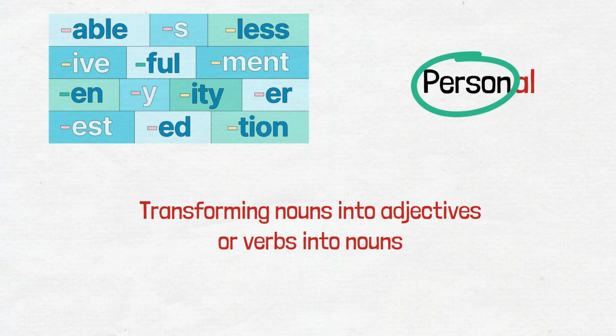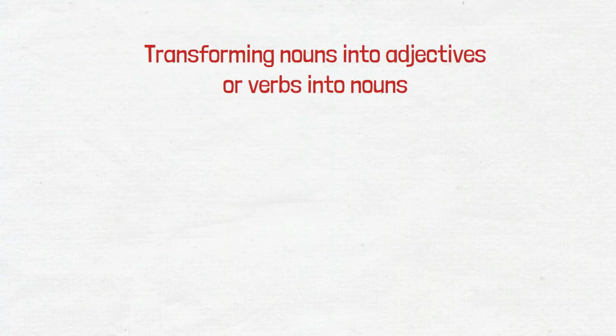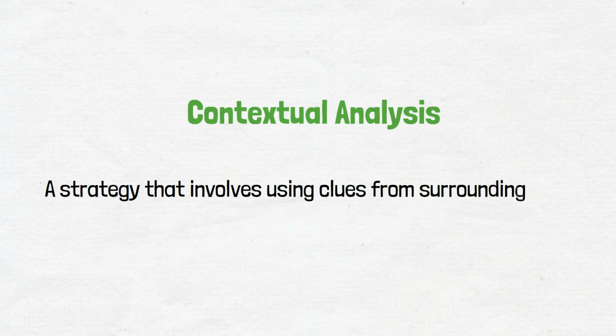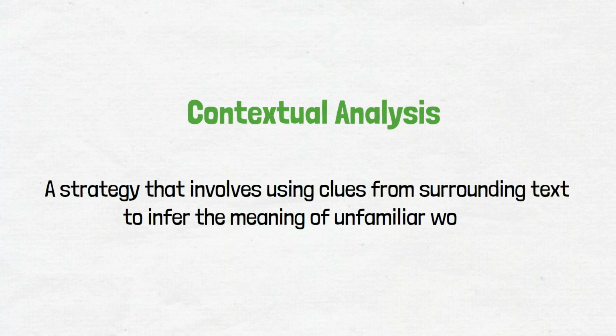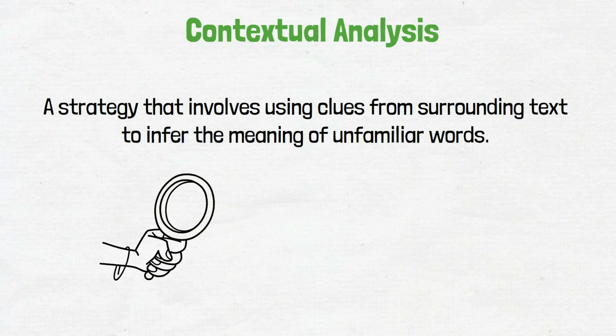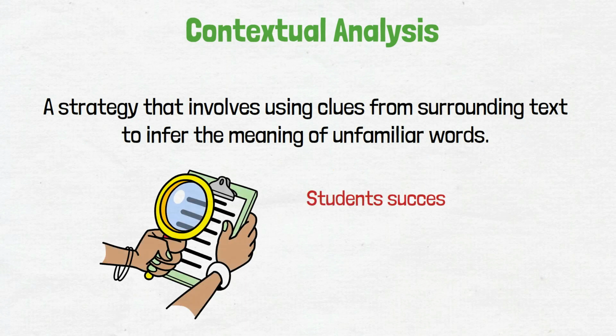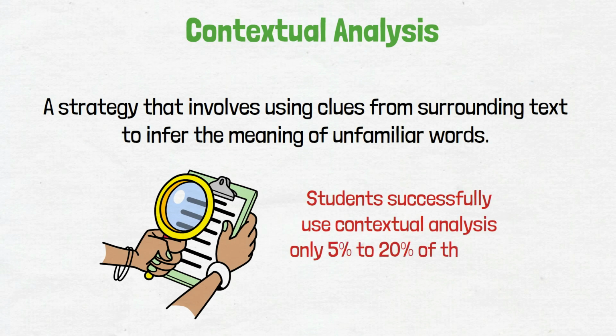For instance, recognizing that personal is related to person helps students grasp how suffixes modify meaning while maintaining a relationship to the root word. While morphemic analysis is powerful, students must also learn to use contextual analysis, a strategy that involves using clues from surrounding text to infer the meaning of unfamiliar words. However, research suggests that students successfully use contextual analysis only 5 to 20% of the time.